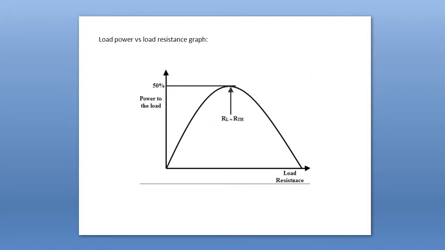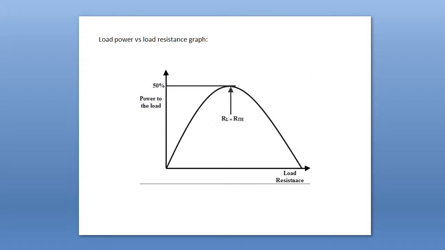Another question: when maximum power, information and message transfer from the transmitter side to the receiver side through the antenna, what is the phenomenon, the condition?